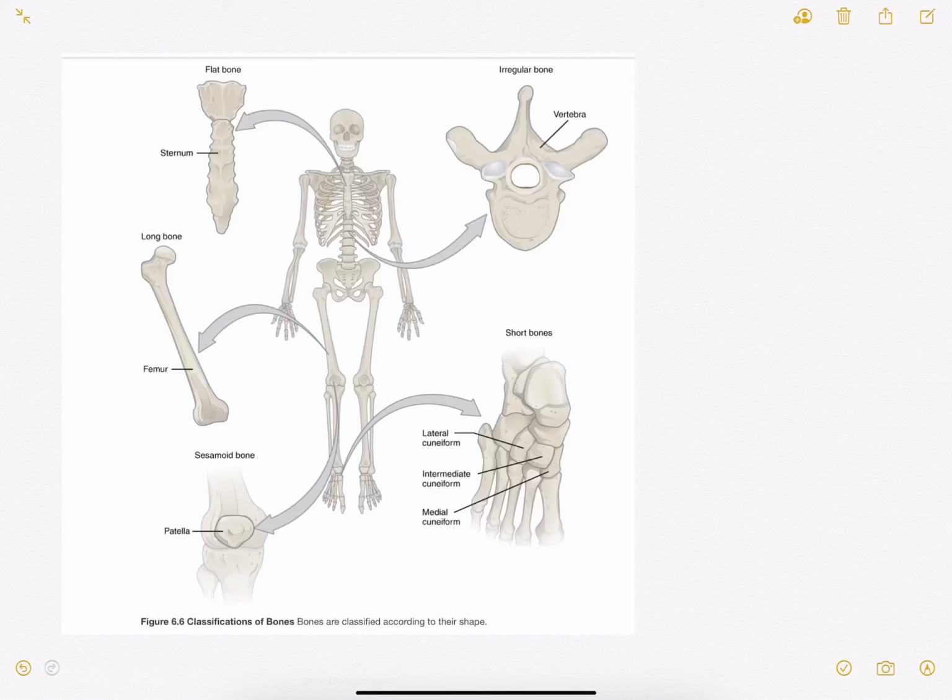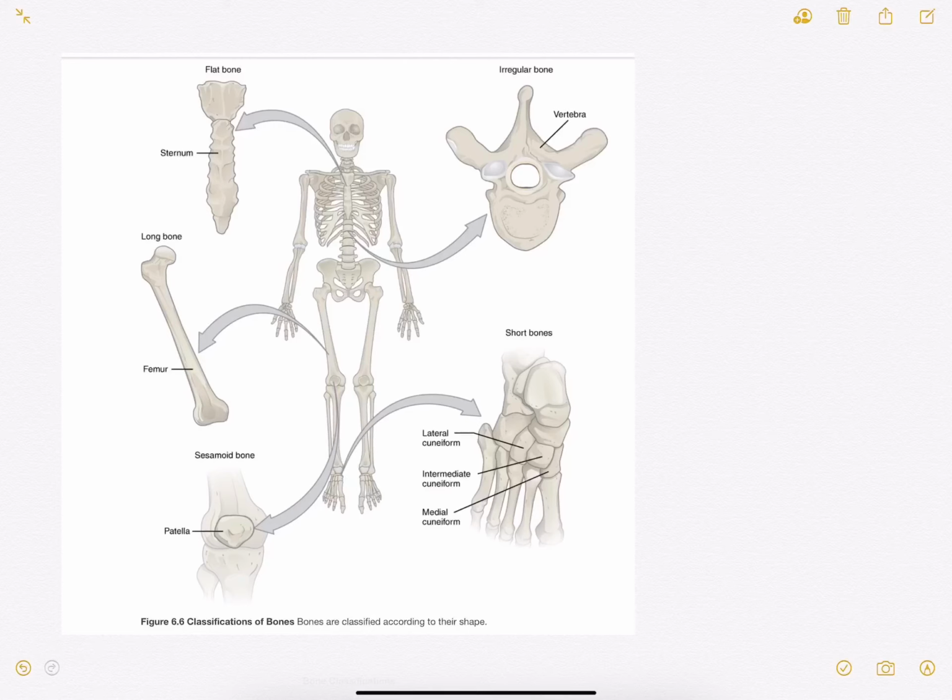Now, the best way to really understand the difference between all these different types of classifications is knowing where they are in the body. More specifically, what bones are considered long bones, what bones are considered short bones, and also the features of them, and pretty much the name, right? The name really gives away what kind of bone it is, for example a short bone, a long bone, or a flat bone.